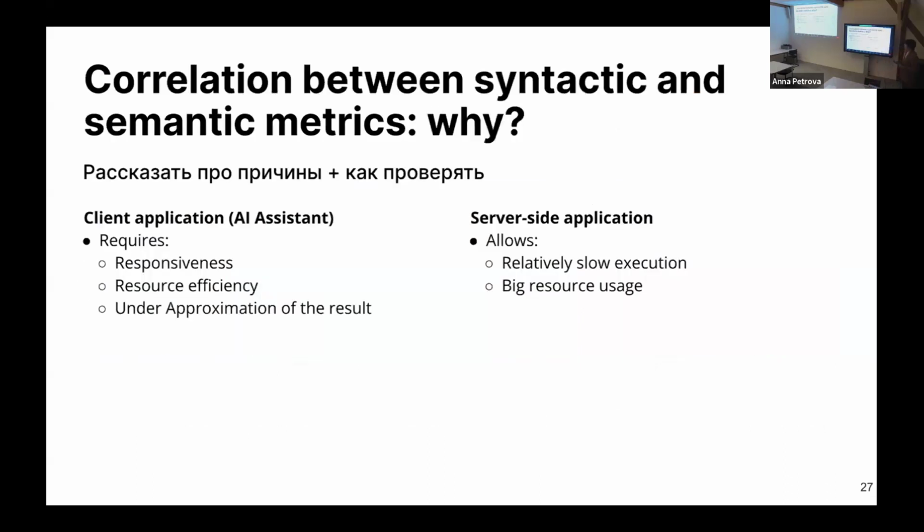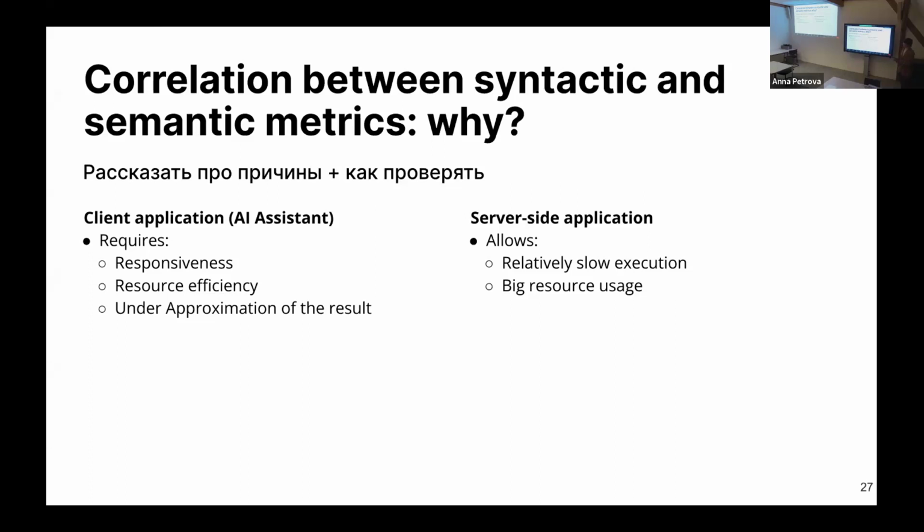Yeah. So the last experiment was about scalation, symmetric and semantic metrics, because if you want to implement client applications that are actually running on the edge, we need to make it responsive. It should run fast and use as few resources as possible, but it might not be very good.